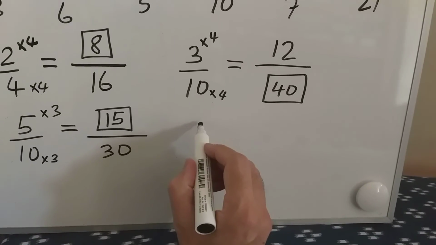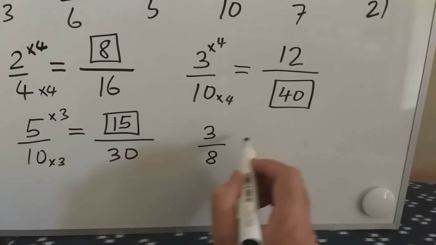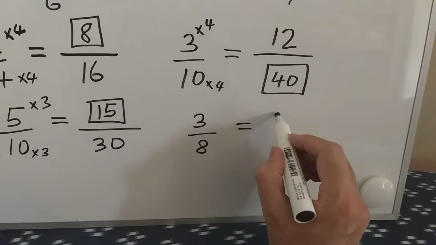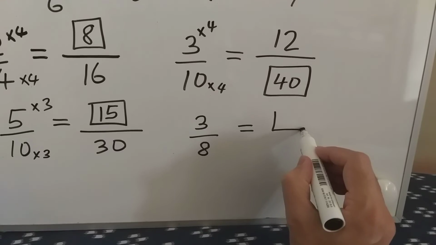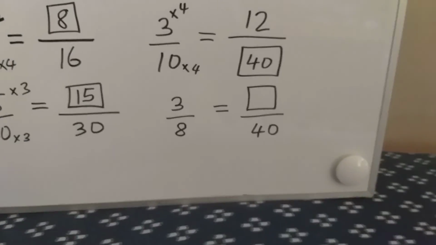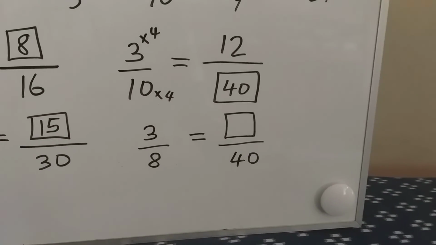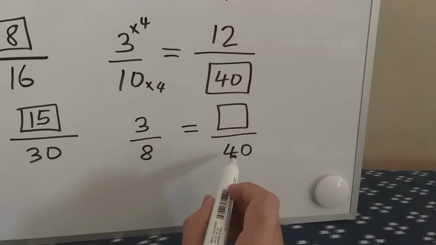Suppose you have 3 over 8 is equal to something over 40. So 3/8 is equal to what number over 40? So here 8 compares with 40.